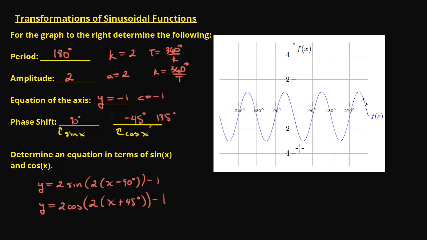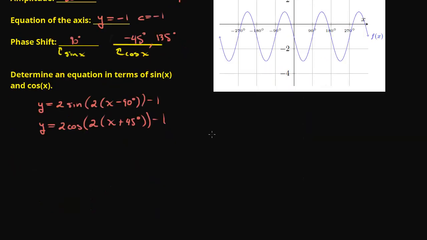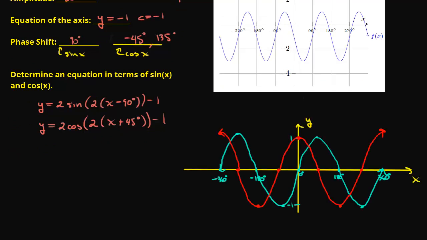One thing that we should consider is the graph of the sine curve and the graph of the cosine curve, because we didn't really talk about this in the last video, and I think it's really important.